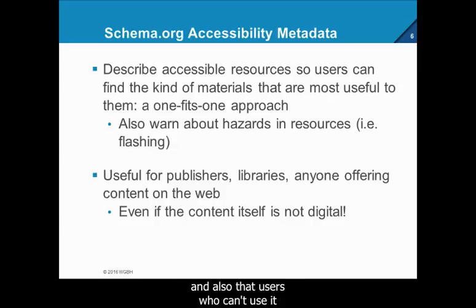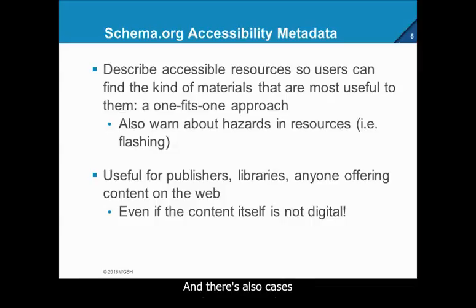And also that users who can't use it know that it's not accessible to them before they, for example, download it or buy it or check it out of the library. So it's useful to know more before you use a resource, before you grab a resource, whether it is or isn't accessible to you. You can also use the metadata to warn users about hazards. So if there is flashing content that makes a resource inaccessible to people who have seizures that can be triggered by flashing.